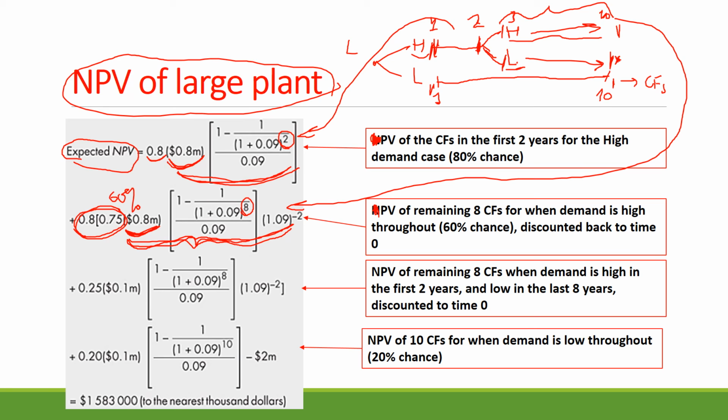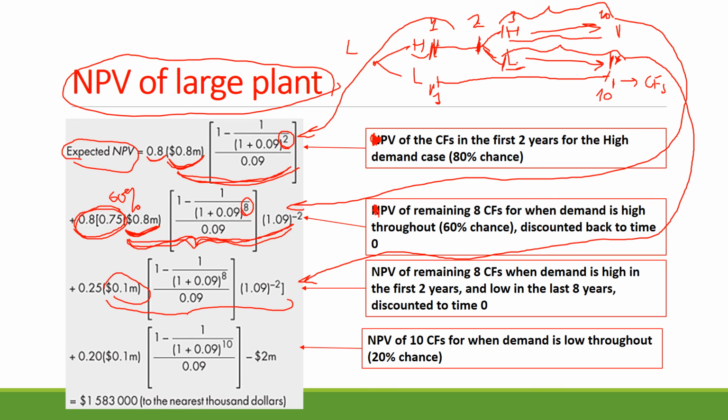We next look at our next component, which is the low demand from year 3 to year 10. So this bit over here. So similar to what we did before, this is a deferred annuity where our cash flow is only $0.1 million.